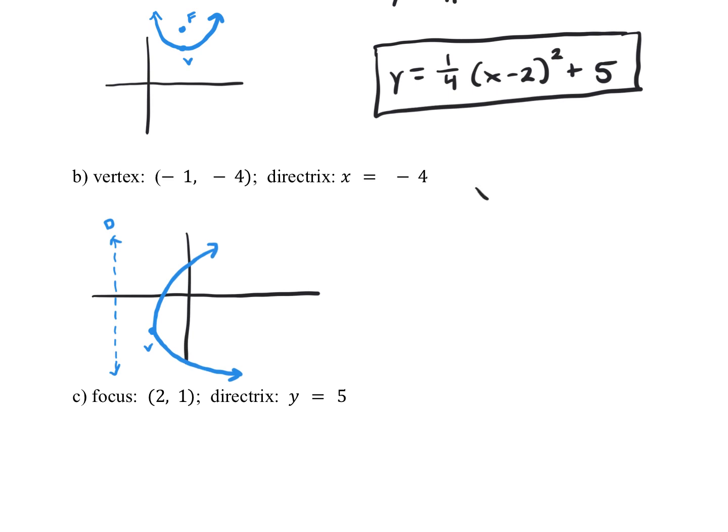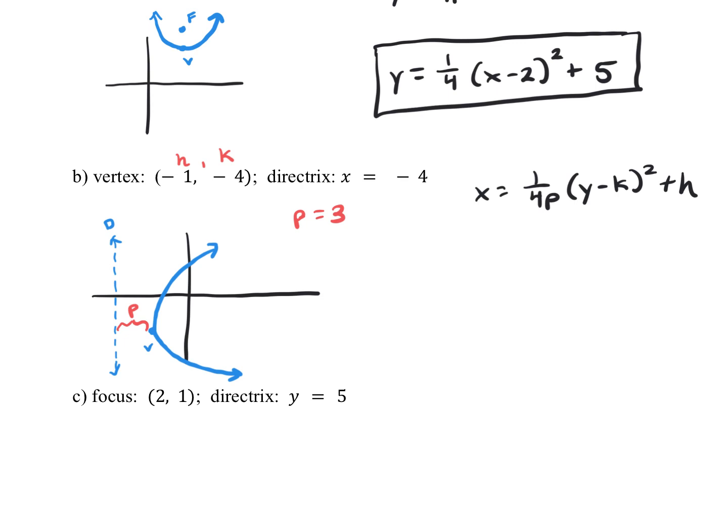So I'm going to, again, start with our general form. This one is x equals 1 over 4p times (y minus k) squared plus h. Here we have h and k, and I can see that this is going to be my p-value right here. The distance from -1 to -4 is 3.